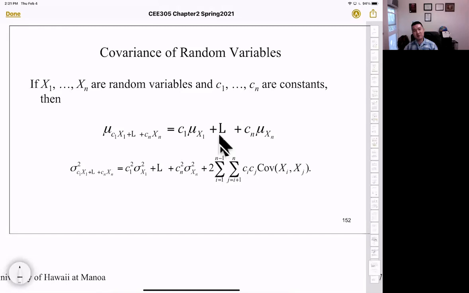If things are still not complicated enough, here is the case of more than 2 random variables. If we have n random variables x1, x2, ..., xn, and c1, c2, ..., cn are constants, then the mean value of c1 x1 plus ... plus cn xn is equal to c1 mu x1 plus ... plus cn mu xn.